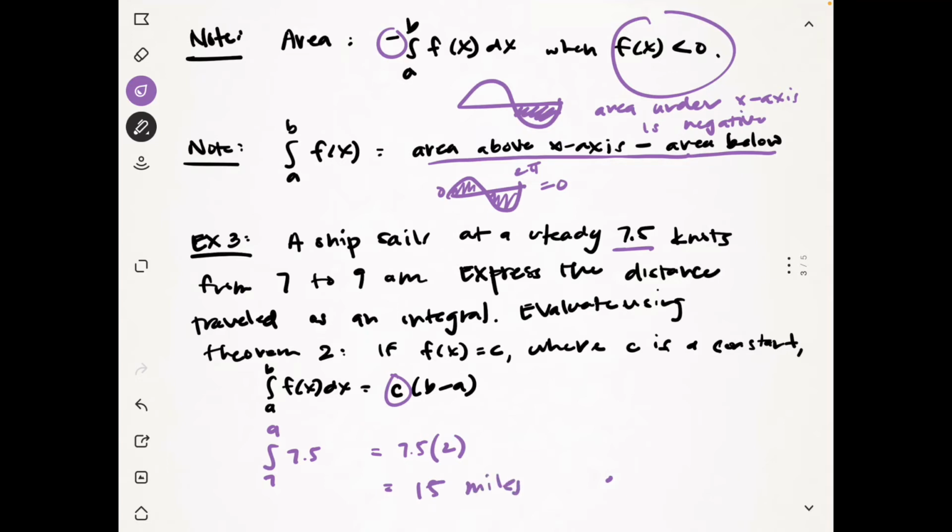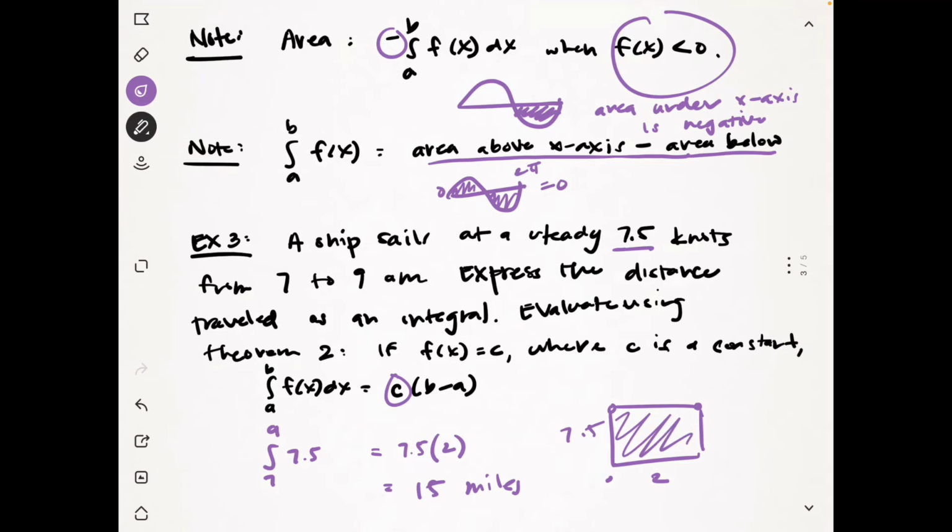And if you think about this, not using your calculus brain and just thinking of it in the simplest terms, if this thing is going the same speed for 2 hours, then the area here is definitely going to be 15, right? 7.5 times 2.